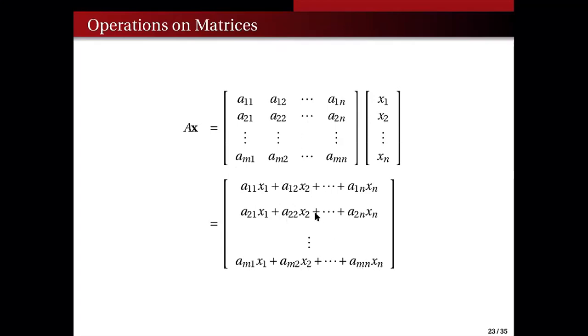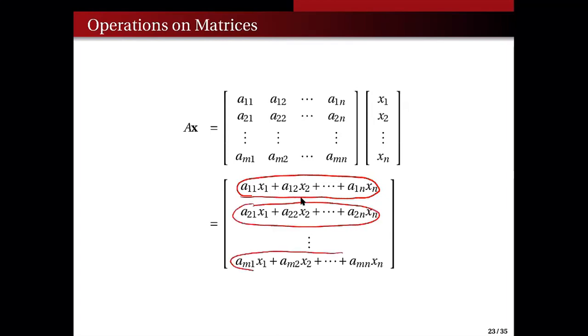And this is a column vector, because each entry is a single number, a sum of single numbers.